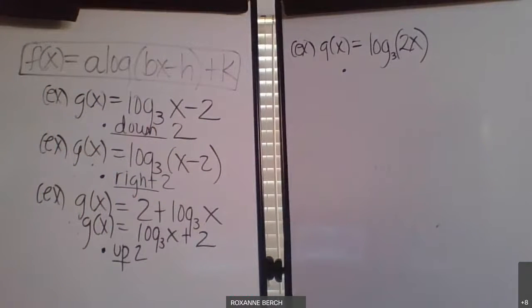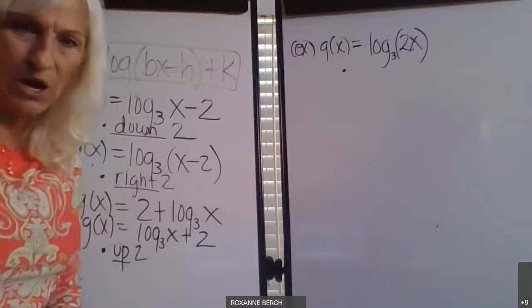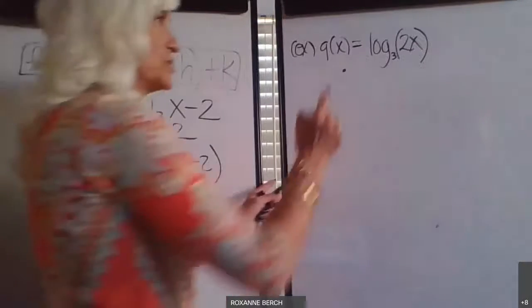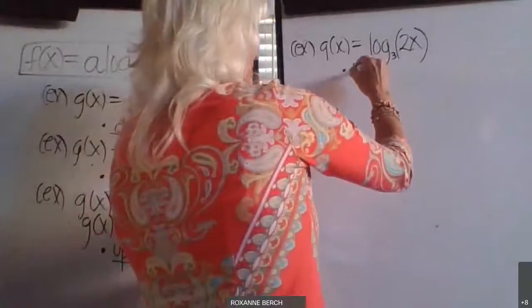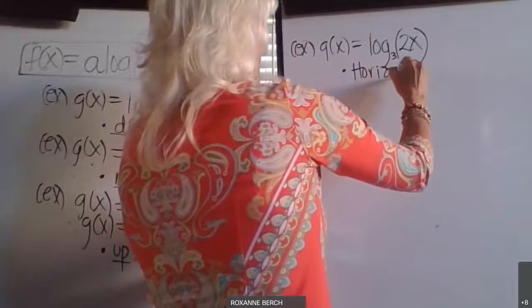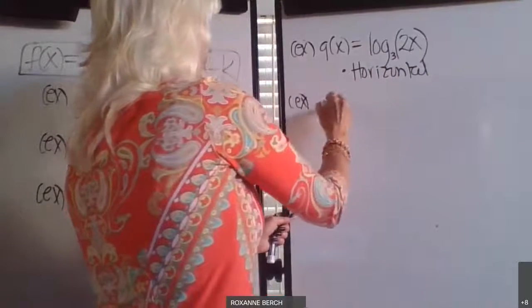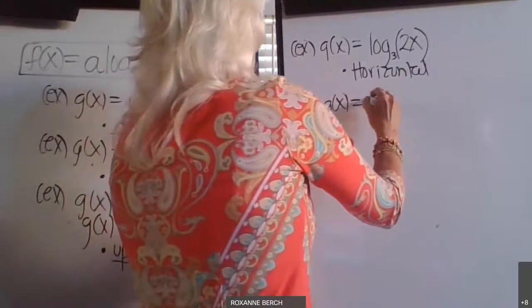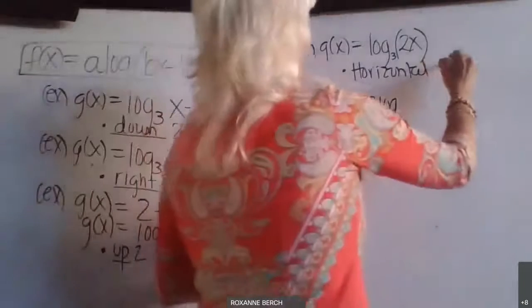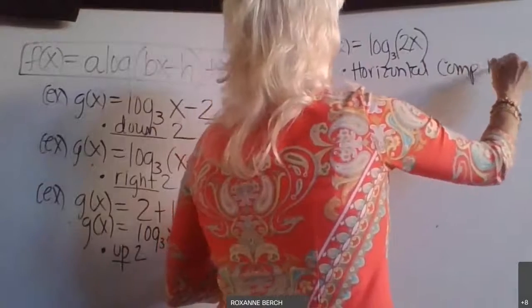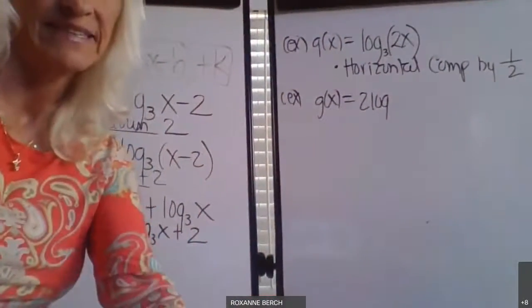B. It's B. So is that going to be a horizontal stretch or compression? Horizontal compression. Yes, good. It's a horizontal compression because you have to take the reciprocal. Remember? Good, Mark.